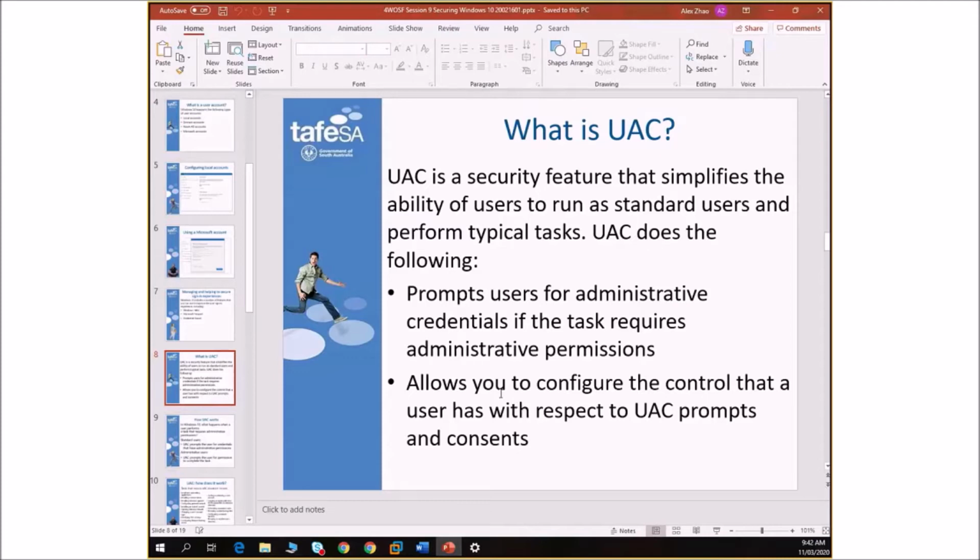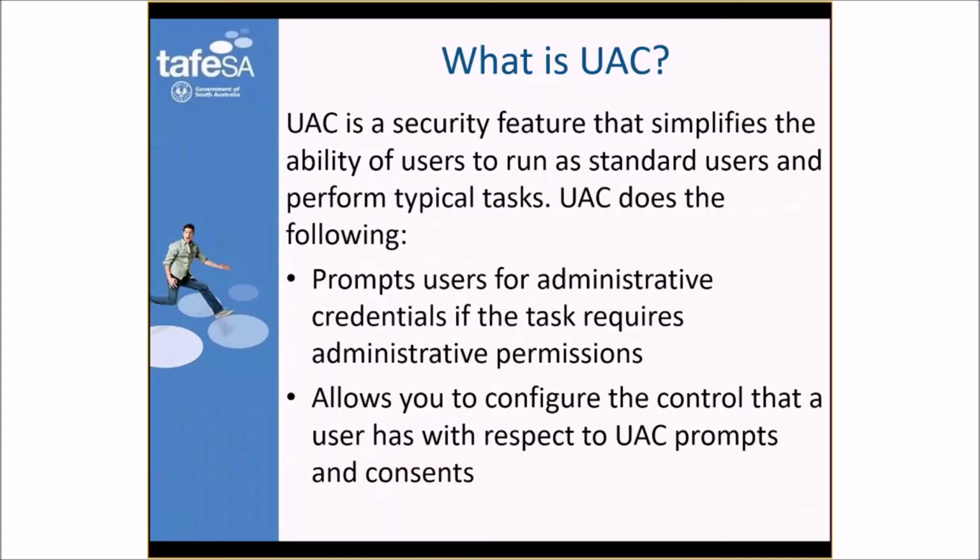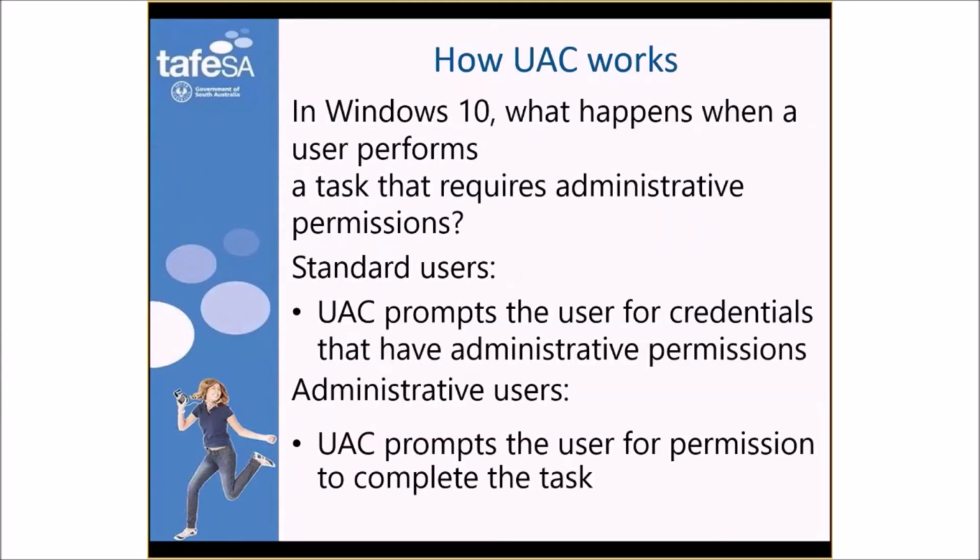The next thing is UAC allows you to configure the control that a user has with respect to UAC prompts and consent. So in Windows 10, what happens when a user performs a task that requires administrative permissions? Well, a standard user gets a UAC prompt, so you have to supply the username and password.